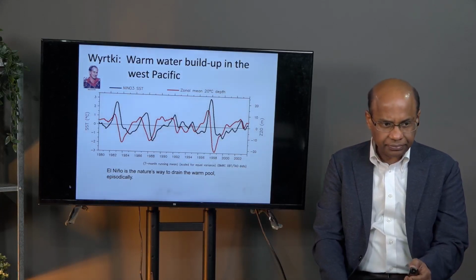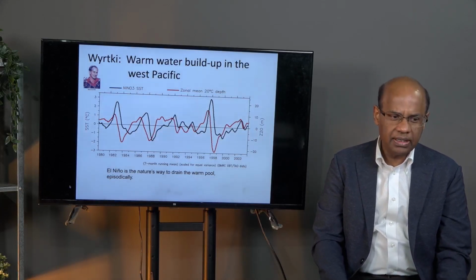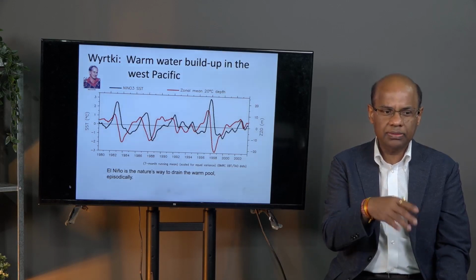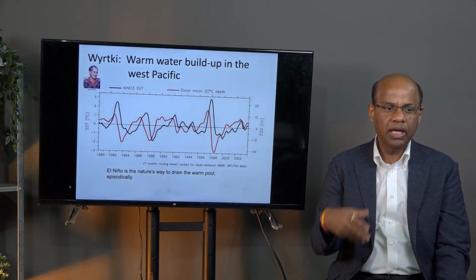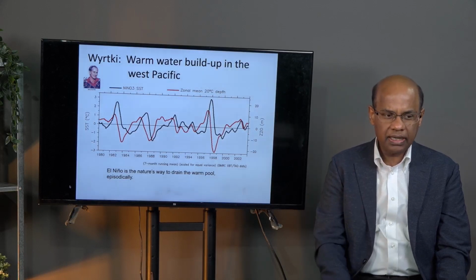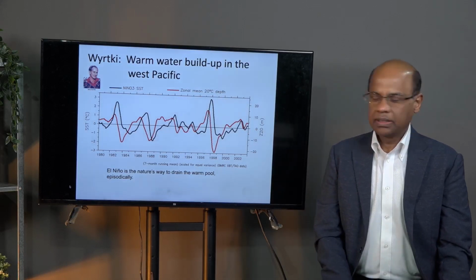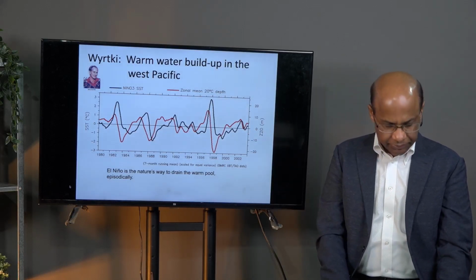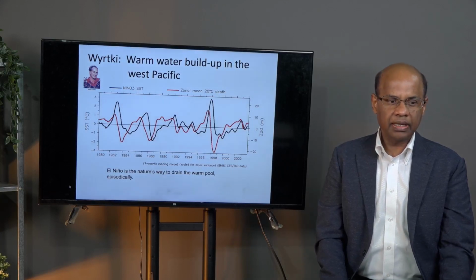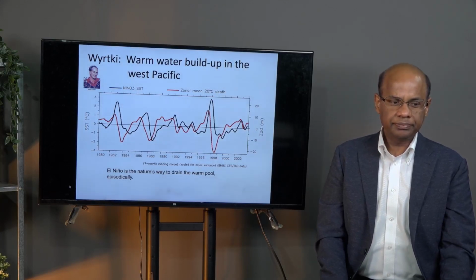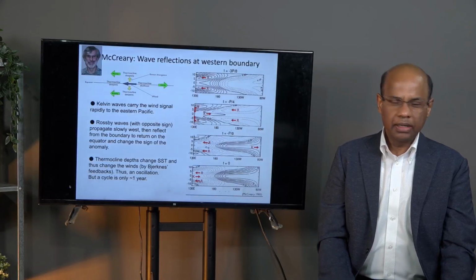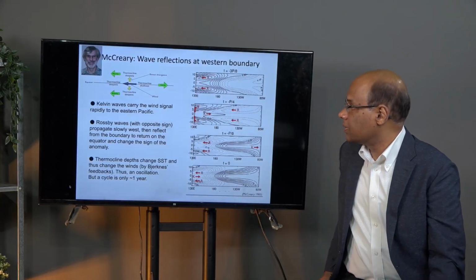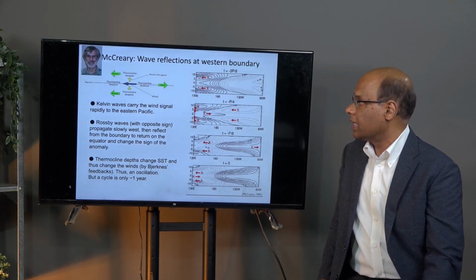Now there are other hypotheses. This one is explaining the transition, but it is not helping us to understand the dynamics or to help with predictions. So the next theory, given by McCreary, explains it through what we call ocean dynamics.